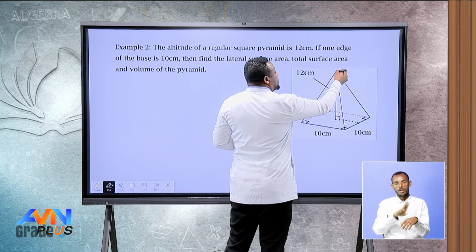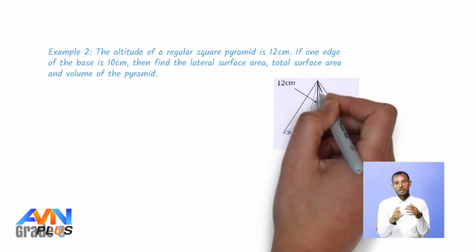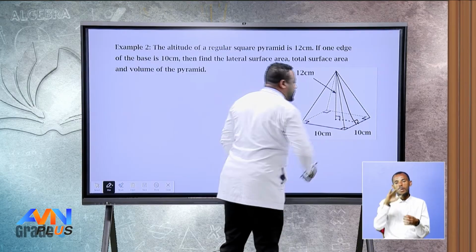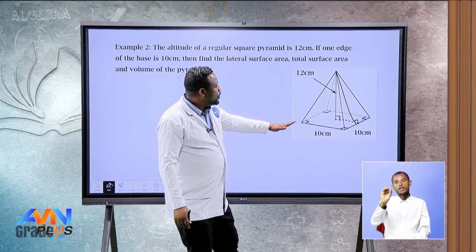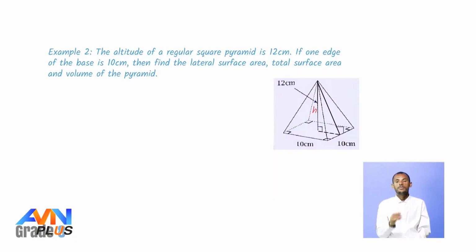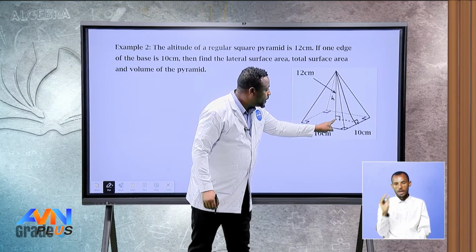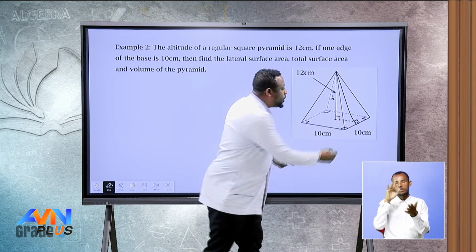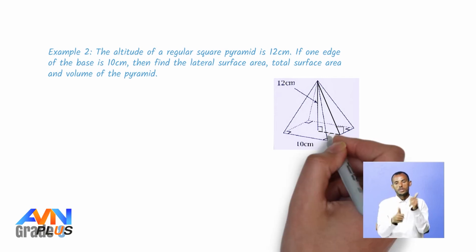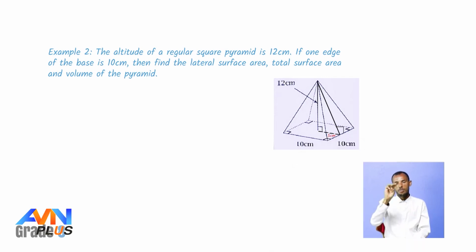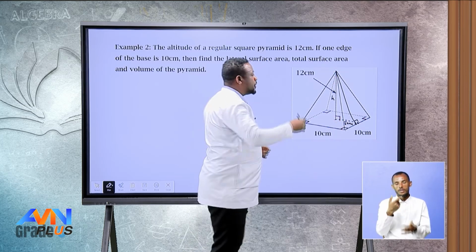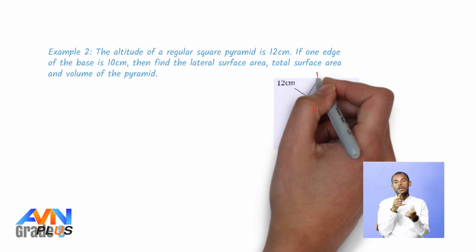Usually the slant heights are drawn from the vertex to one of the sides forming 90 degrees, right? So now this height, call it h, is 12, and this segment from the center to this point is half of the whole segment, which is 5 centimeter.